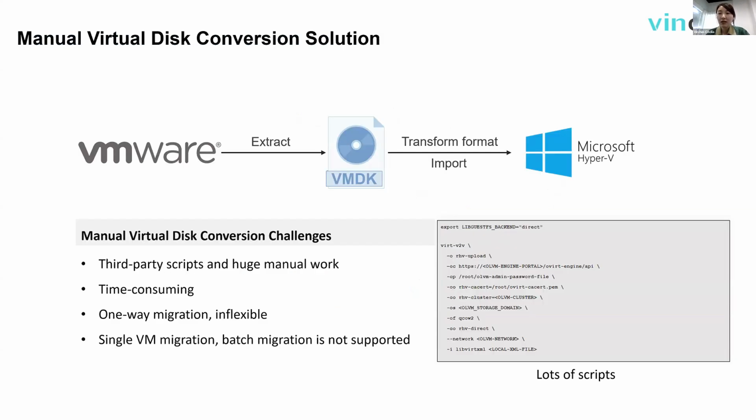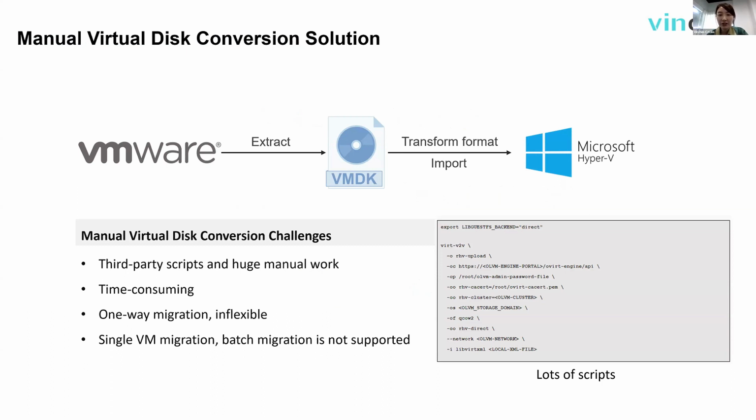Okay, so for the V2V migration solutions, next I'd like to share with you some common methods or solutions on the market. First, there is a way for the manual virtual disk conversion.